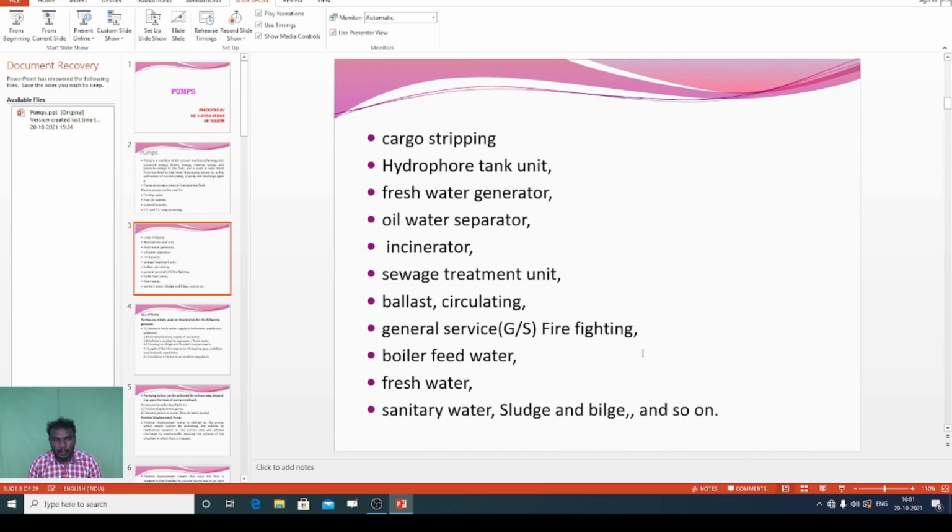These are the most important usages of pumps in the marine field.